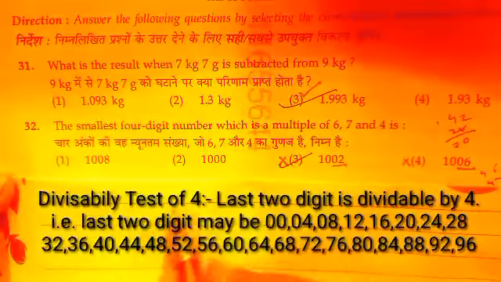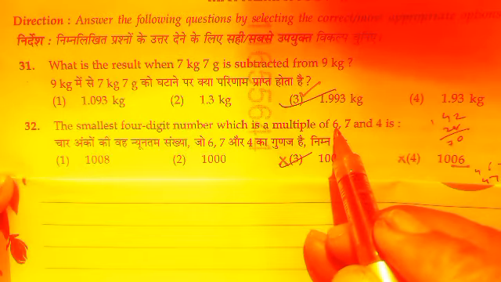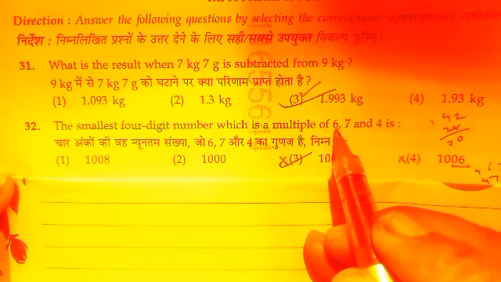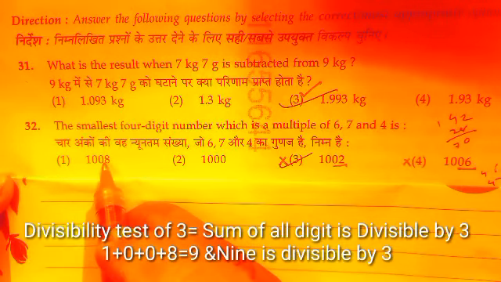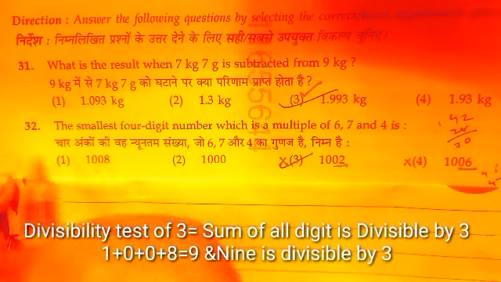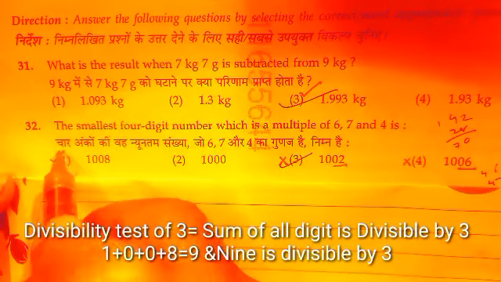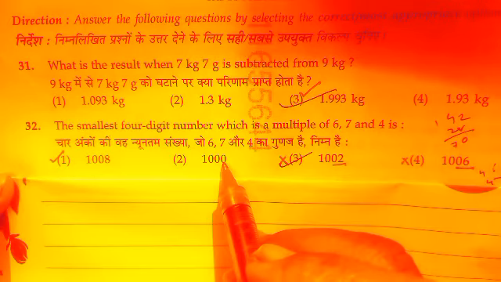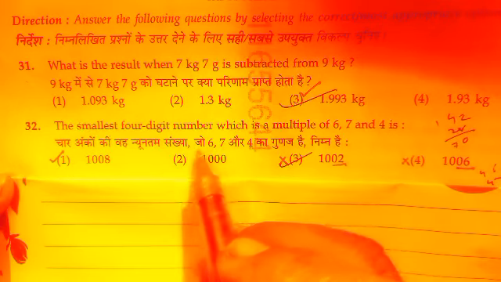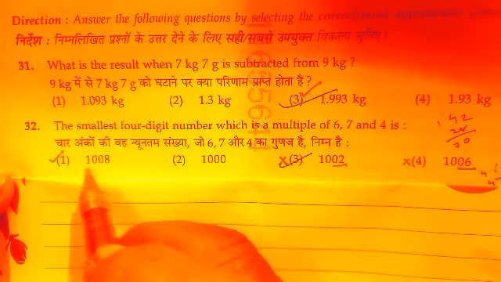So this is cancelled. 6 means 3 and 2. The divisibility test of 3 is that the sum of all figures, that is 1 plus 8 is 9, is divisible by 3. So our answer is 1008.